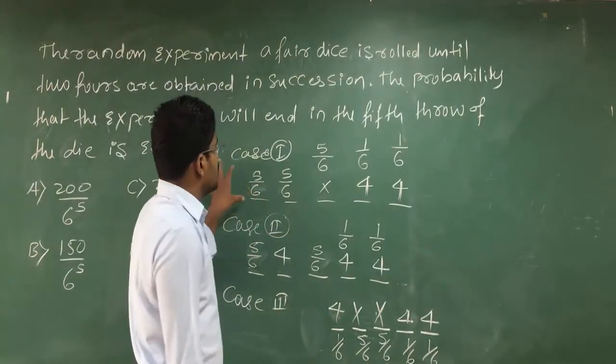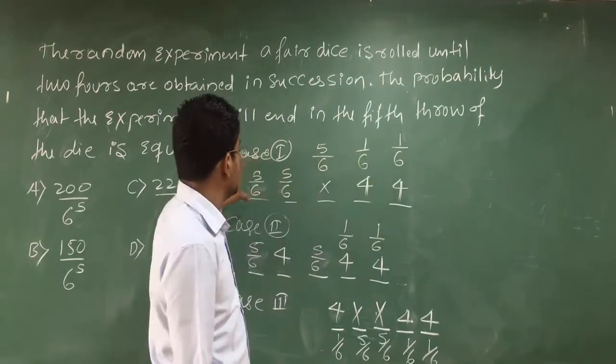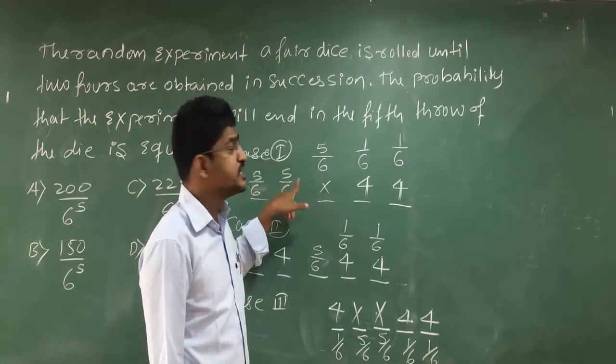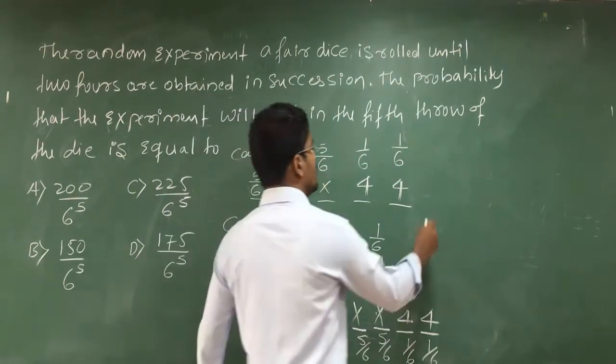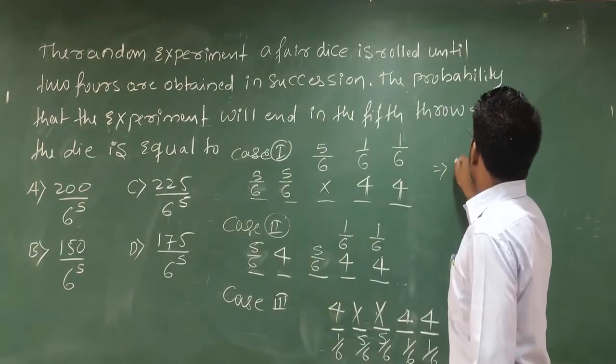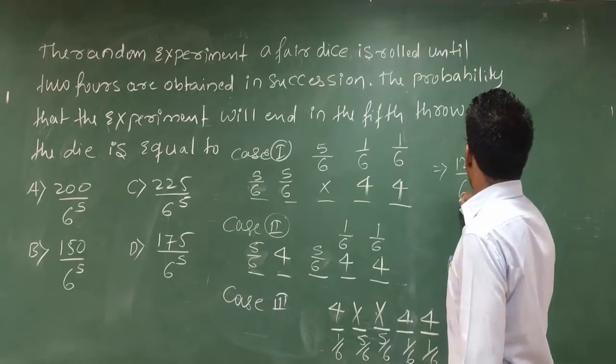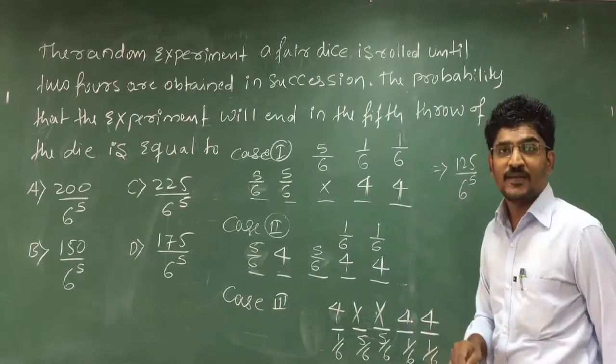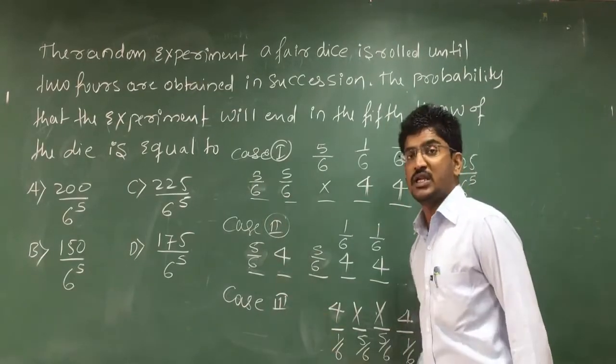So see here, if I take the probability of this, 5 out of 6 into 5 out of 6 into 5 out of 6, it will be equal to 125 divided by 6 to the power of 5. Clear? Because you have to multiply all the terms.